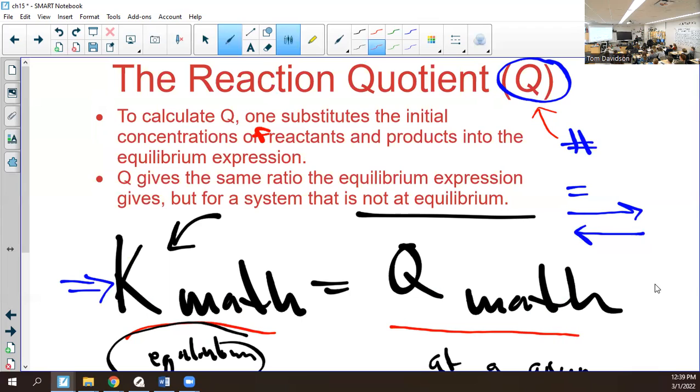Now we got to be careful. It could be at equilibrium. We just don't know if it is. We will know K, we'll know these conditions, we plug them in and see, hey, are we at equilibrium? If not, where's it going to go? Okay, who's with me so far? It's the same exact math.